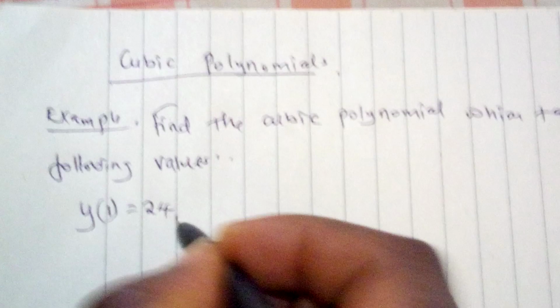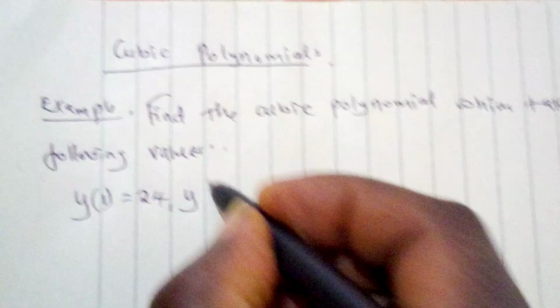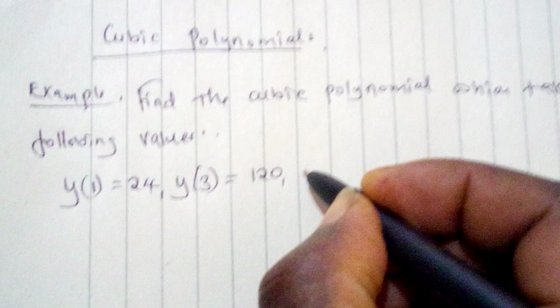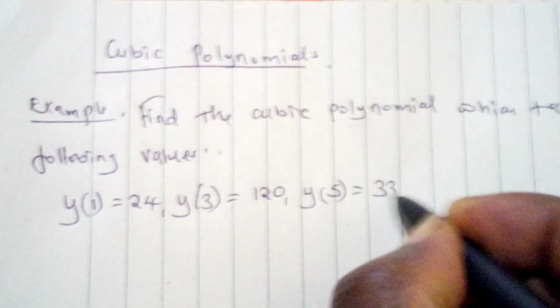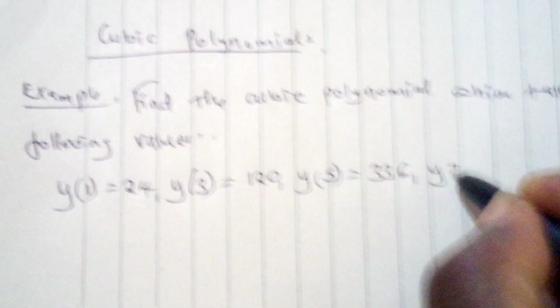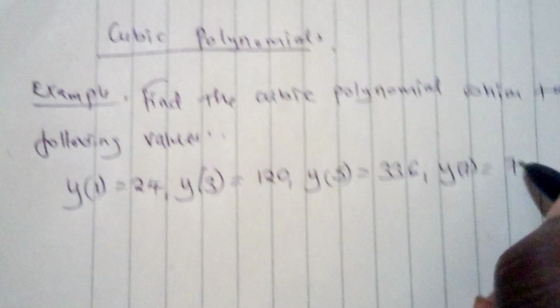So we have y1 is equals to 24. We have y3 is equals to 120. We have y5 is equals to 336. Then we have y7 is equals to 720.